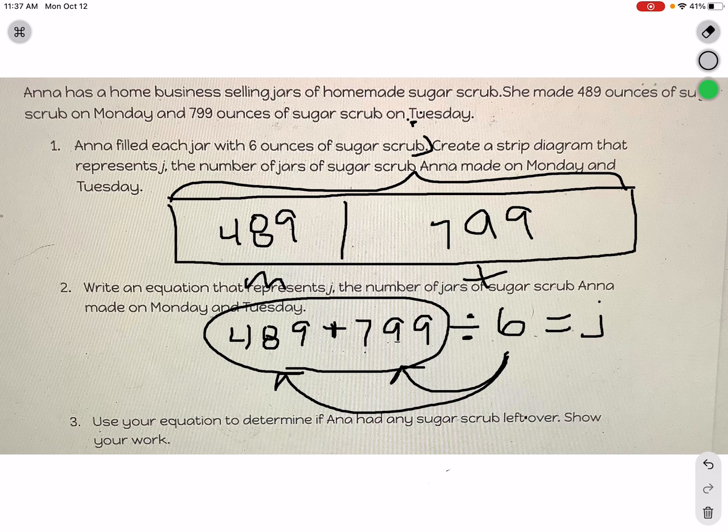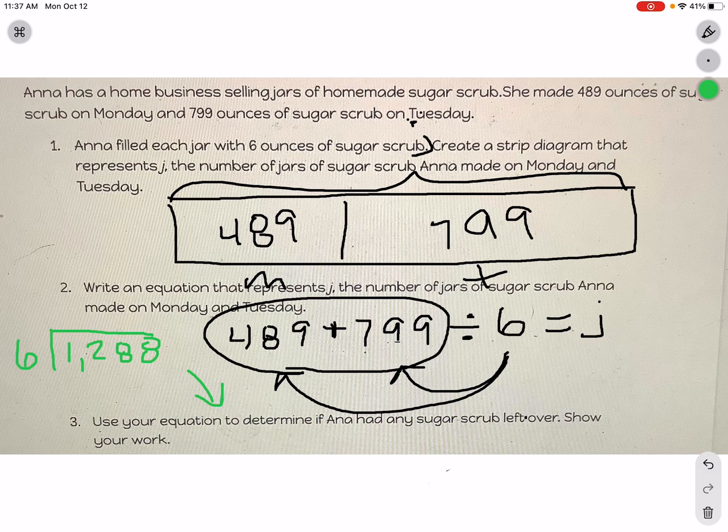So we're going to do six divided into 1,288. Again, this is for question number 3. We're going to solve this and determine if she has anything left over after solving the problem. Well, the first thing I'm going to do is estimate. So I'm going to do this.